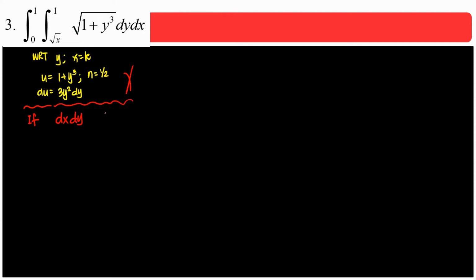We don't have a problem. So meaning we can do integration with respect to x then with respect to y. So this is where it gets tricky, as I said. Originally, the limits are square root of x up to 1, x equals 0 up to 1. So we have to draw this.